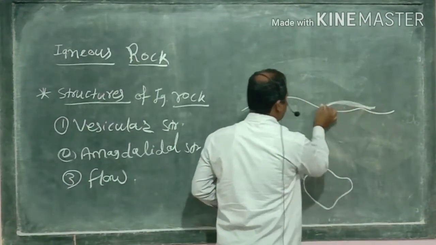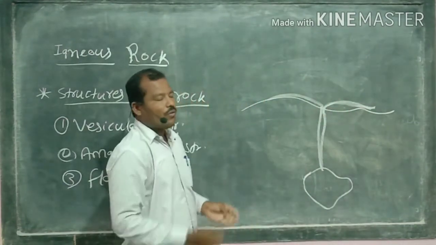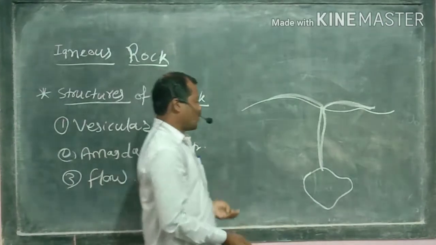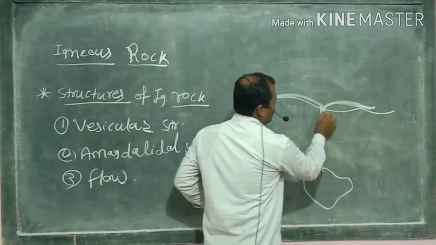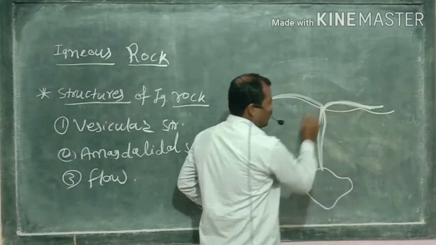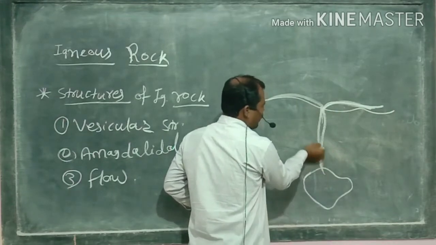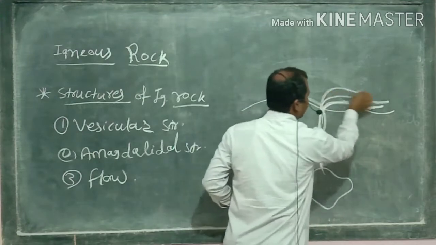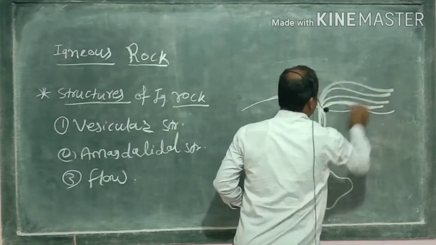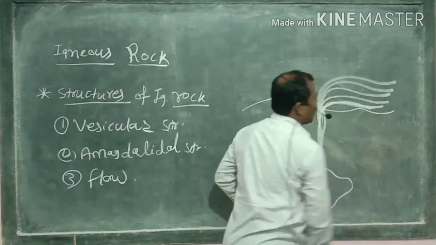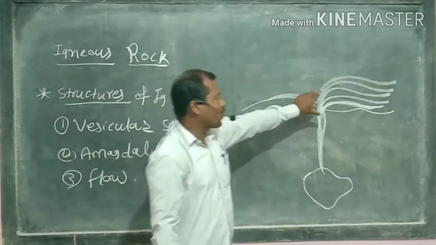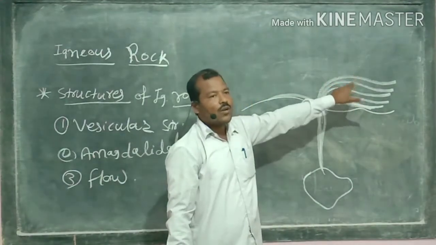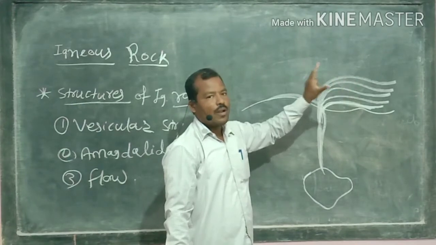Look at these wings, the wing-shaped spreading occurs. This is one flow. Another flow spreads when magmatic material comes again, then another flow spreads, then another. Such flows occur in one location. This is called flows of lava.